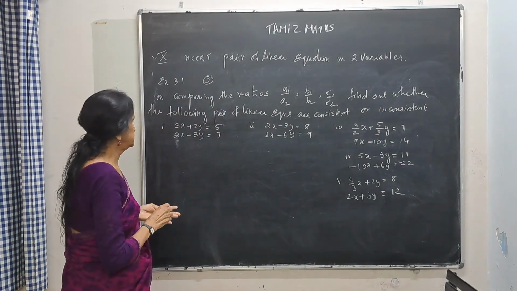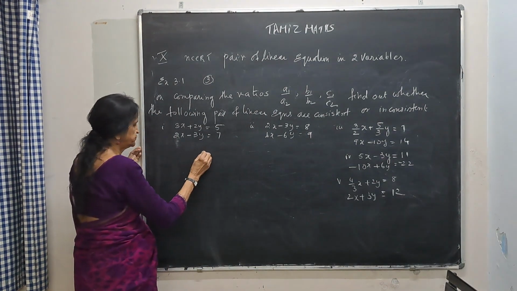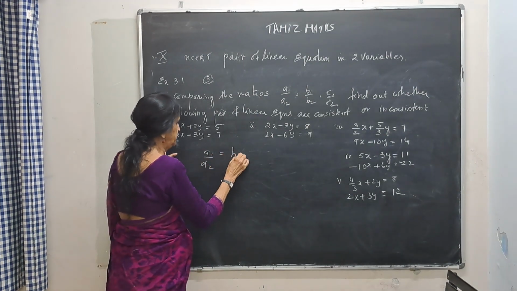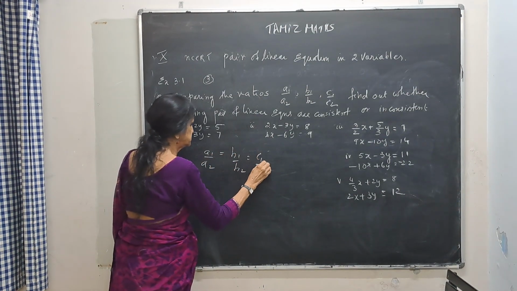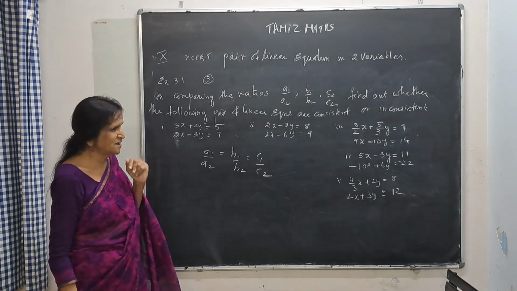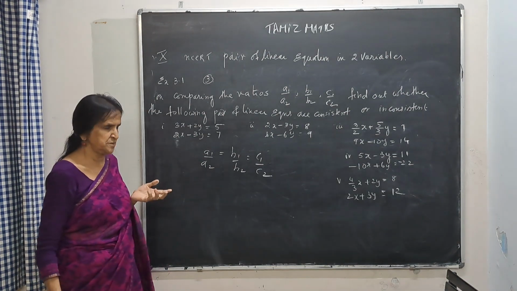If A1 by A2 is equal to B1 by B2 is equal to C1 by C2, it is consistent with many solutions. But he is not asking you all that. He is asking you only if it is consistent. I am giving you extra information.